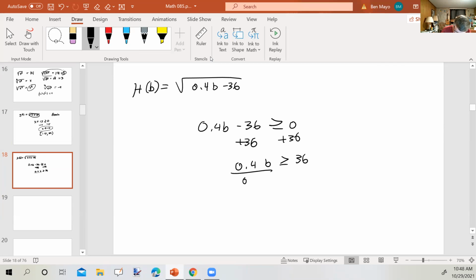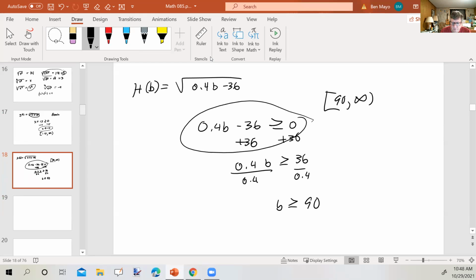Then we're going to divide both sides by 0.4. And let's see, 36 divided by 0.4 is 90. So b is greater than or equal to 90.